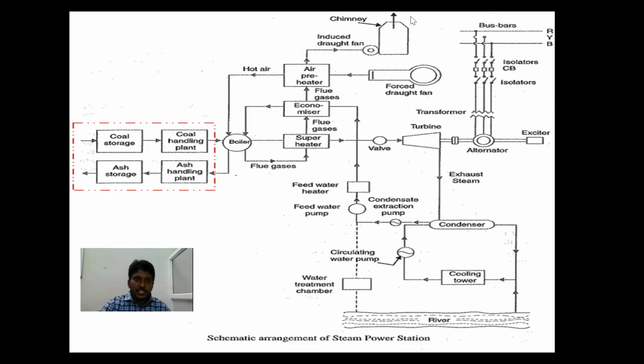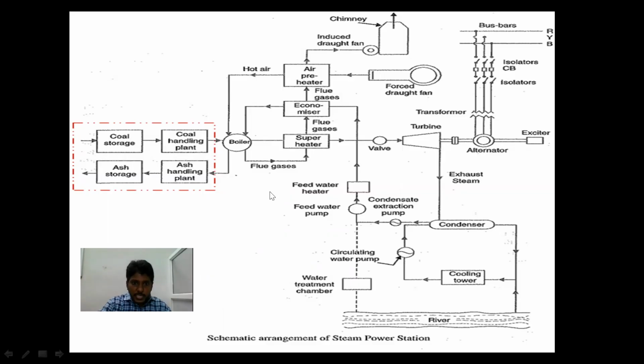So efficiency will be very, very low. So what I am doing here is, the output of the boiler is steam as well as flue gases, and I am sending these flue gases via the superheater, economizer, and air preheater. The steam which comes immediately after the boiler has water particles, so it does not have enough energy to generate power.